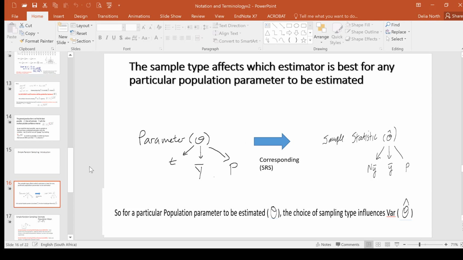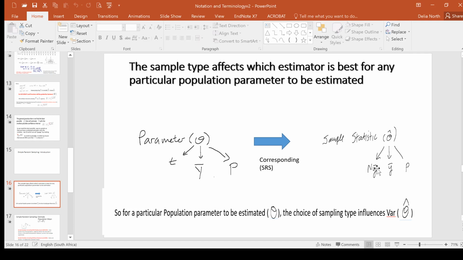And I've just told you about the different parameters of the population. You might be interested in estimating the population total, T, and you would do that by looking at, I'll show you now, N Y bar. So the sample estimate in the case of simple random sampling would be N, the population size, times the sample estimate.